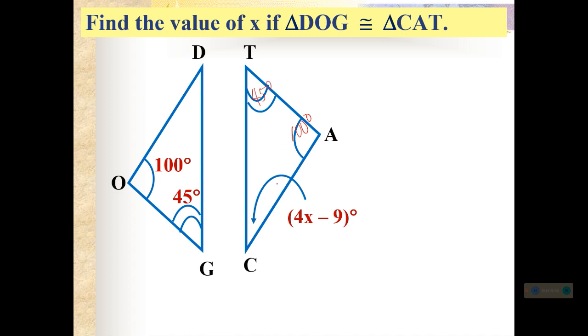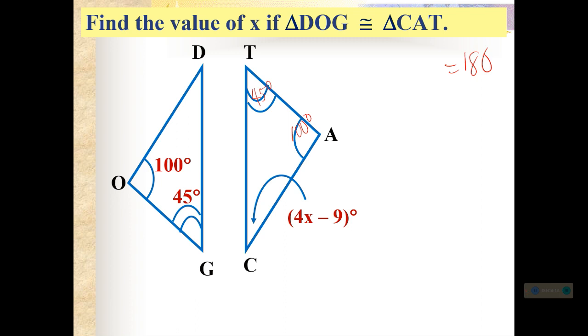Now we have the complete information inside this triangle. We are going to use the property of the triangle wherein the sum of the measures of the 3 angles of the triangle is equal to 180 degrees.